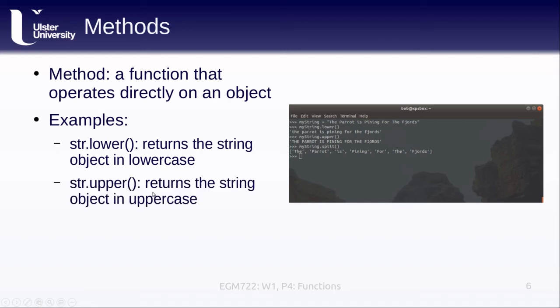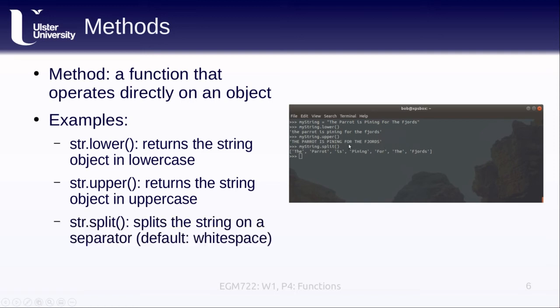The method called upper does the opposite, so now everything is in uppercase, or shouting at you. Split is another fairly common one that you'll see and use, which just splits the string on a particular separator. The default is on white space, so we see here that we just get each of the different words in the original string.